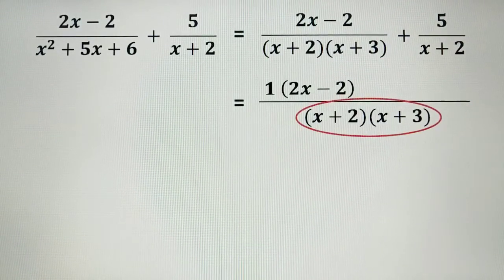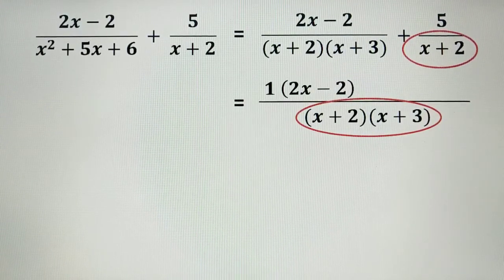Then we will divide x plus 2 times x plus 3 by the denominator in the second rational algebraic expression, x plus 2. So x plus 2 times x plus 3 divided by x plus 2 is equal to x plus 3, because we can cross out x plus 2.